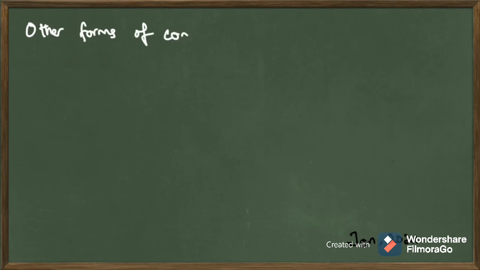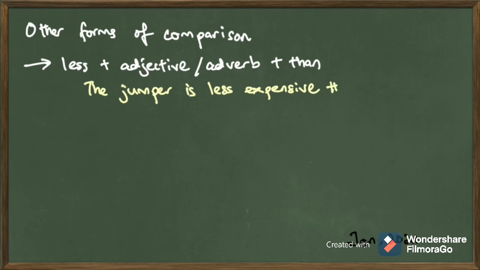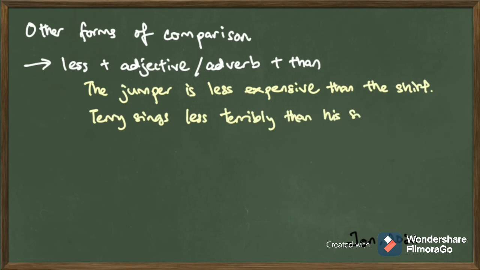Next, we are going to look at the other forms of comparison. Less followed by the adjective or adverb followed by the word than. The jumper is less expensive than the shirt. I'm reading here, the jumper is less expensive than the shirt. Jumper tu macam baju sejuk. Another example is Terry sings less terribly than his sister.